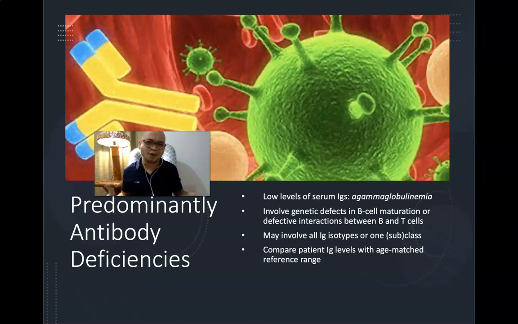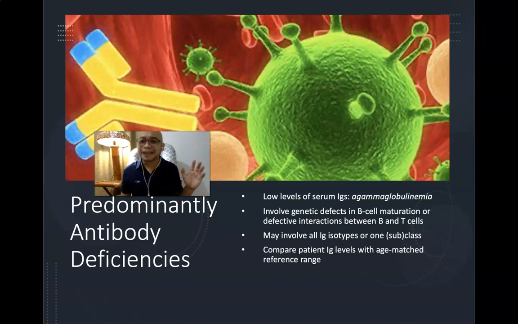So, what could have caused the antibody deficiencies? Antibody deficiencies are actually caused by genetic defects in B cell maturation or defective interaction between B and T cells. You know why? Because there is a particular component of T cells that is helpful in the production of antibodies, and that would be your T helper cells.